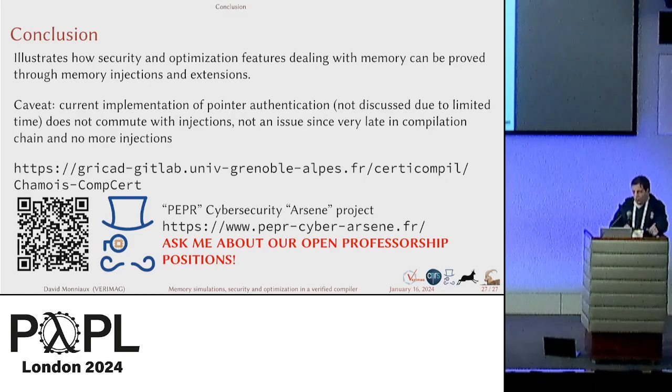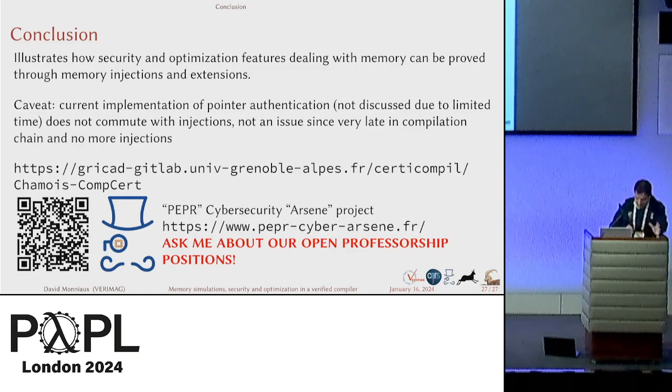We also have pointer authentication on the AArch64 platform. You know that on the AArch64 platform, like on recent Mac computers, you can authenticate pointers, and it's yet another method to thwart buffer overflow attacks and things that corrupt pointers.